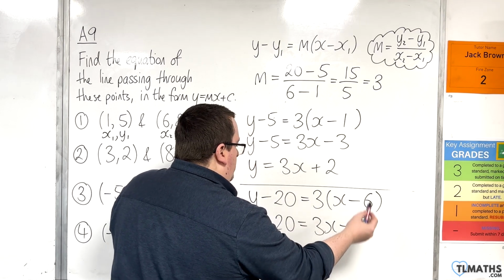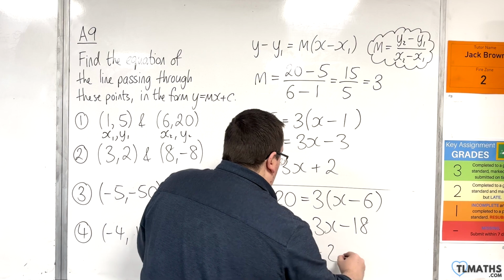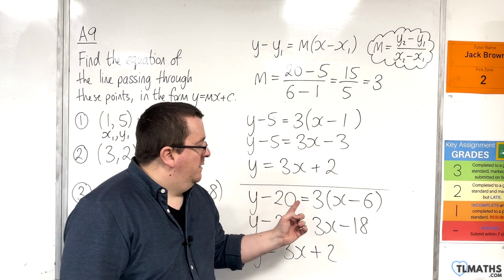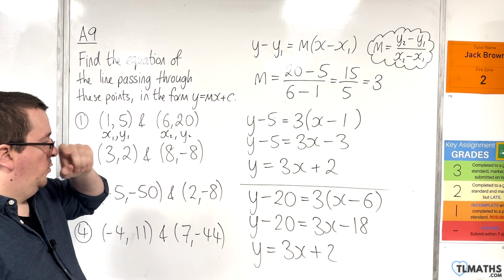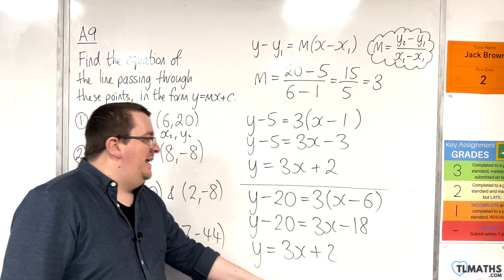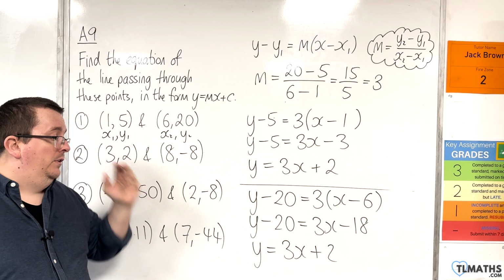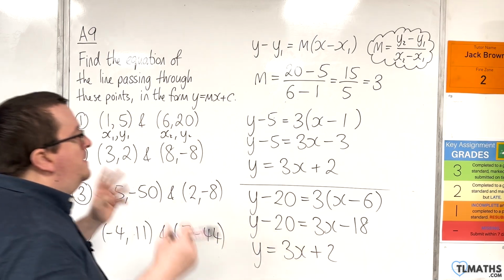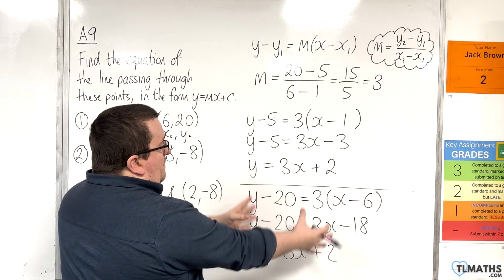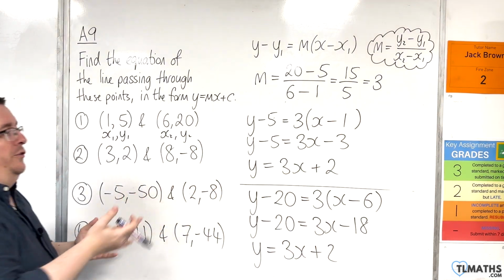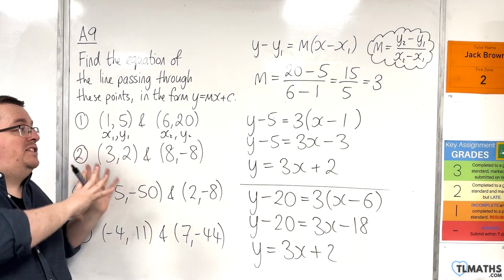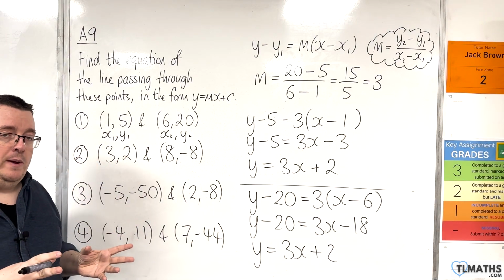So minus 18 plus 20 is plus 2. So choosing 6, 20 as the coordinates to substitute in ended up working with nastier numbers. It wasn't as easy to get from that line to that line. That means you could choose a pair of coordinates that will be easier to work with, but this is showing you that it doesn't matter which pair of coordinates you substitute in.